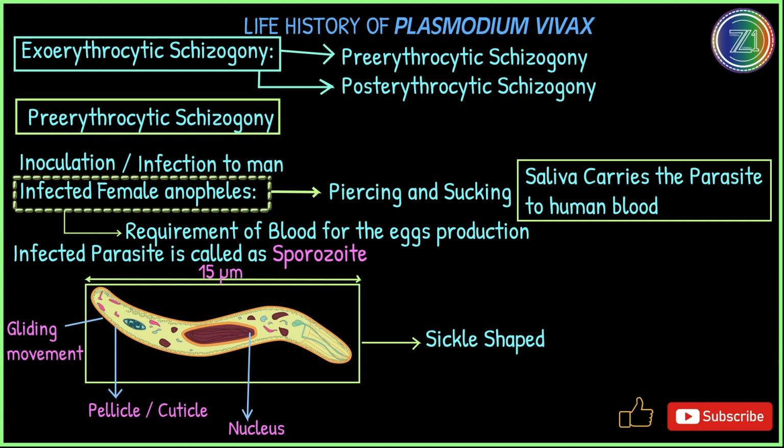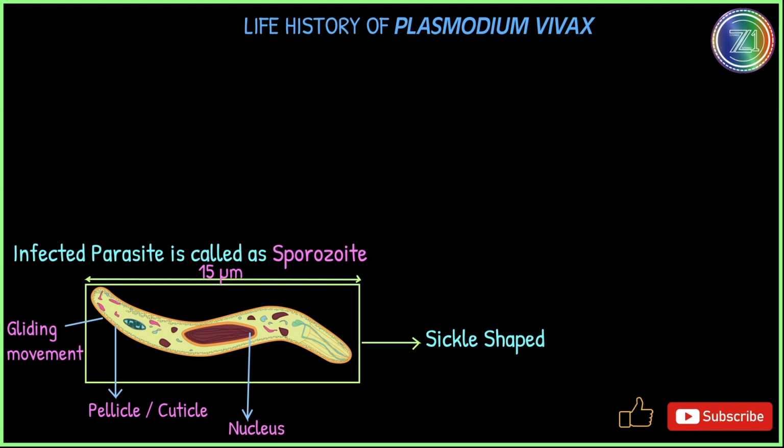This is the first stage, the infective stage of the parasite, which is going to infect the human being. Next I'll discuss how multiplication of the parasites takes place.